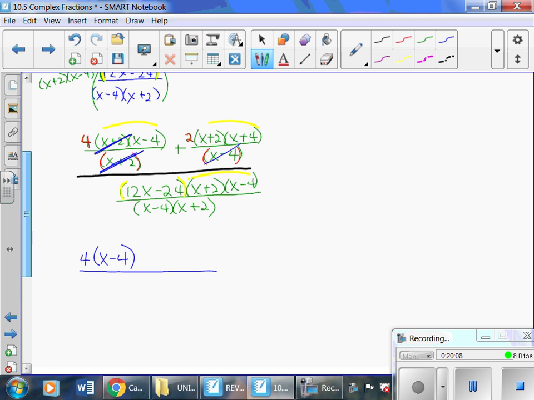On here, I'm sorry, this is supposed to be an x minus 4 here. So they cancel. And I'm left with plus 2 times x plus 2. And then down here, these both cancel, and I'm simply left with 12x minus 24.